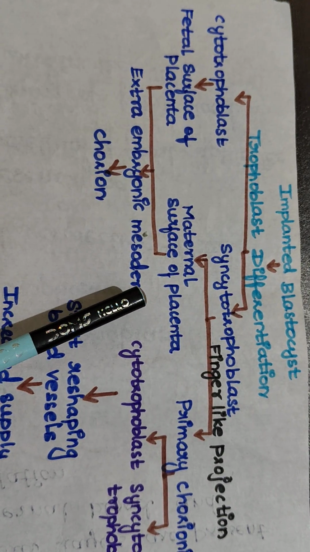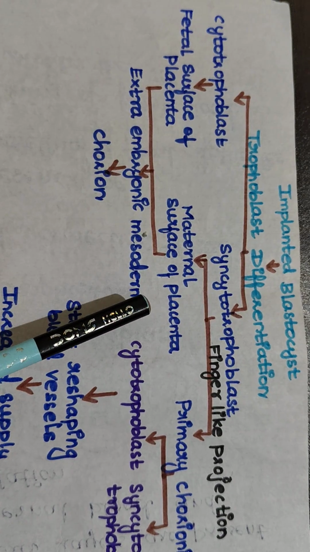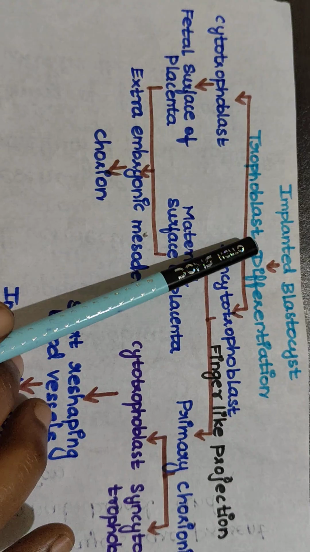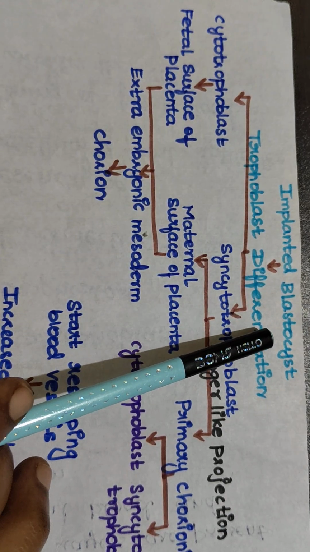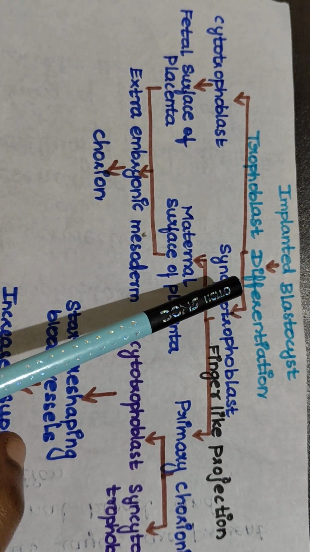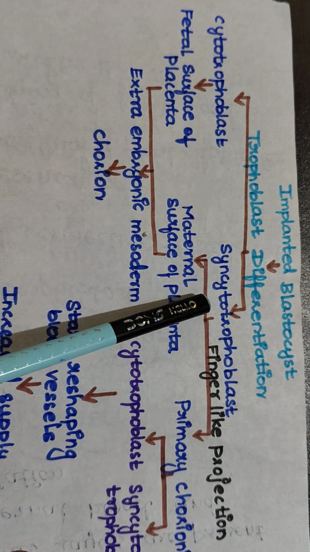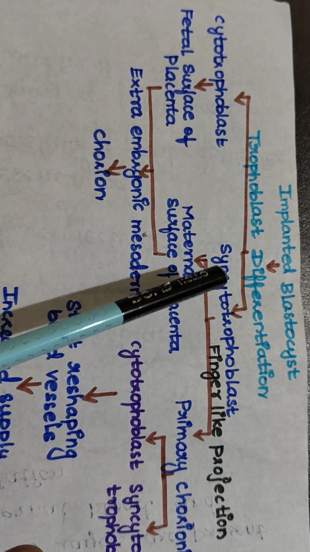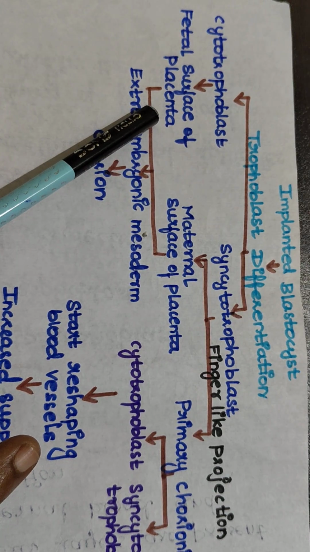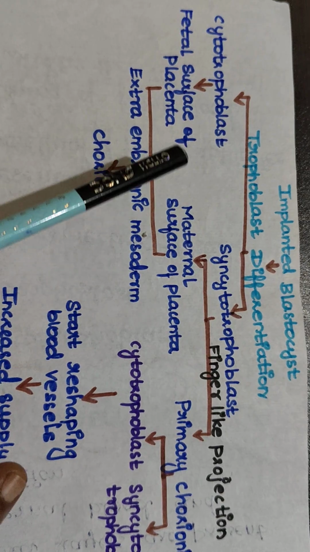This is a brief diagram about the formation of the placenta and the implantation of the blastocyst. After the blastocyst is implanted, the trophoblast differentiates into the cytotrophoblast and syncytiotrophoblast. The cytotrophoblast forms the fetal surface of the placenta, and the syncytiotrophoblast forms the maternal surface.